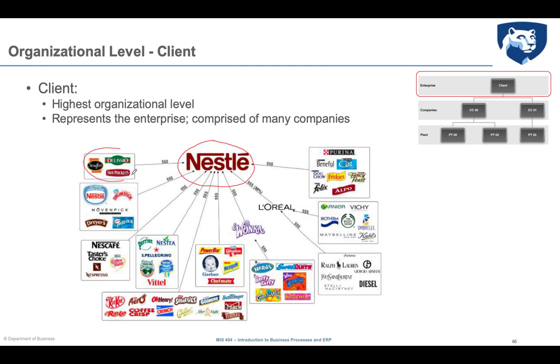They include different types of sub-companies like San Pellegrino, like Nesquik, like Laffy Taffy. All of these are companies part of the same client. So a client represents the highest organizational level in SAP ERP, and it represents the group to which different subsidiaries belong.